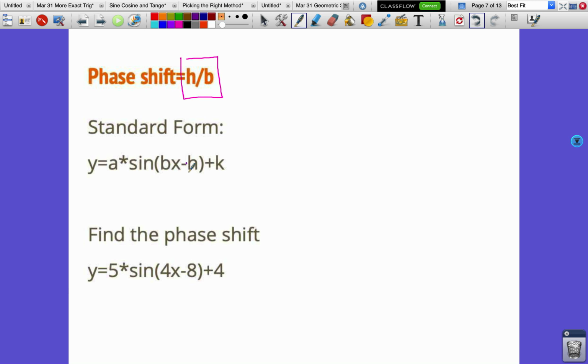So one thing is we don't bring the negative with h. So h here just equals 8, and b equals 4. And then we do h over b equals 8 over 4 equals 2.